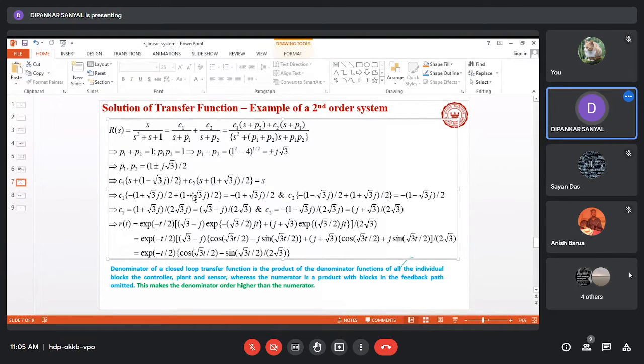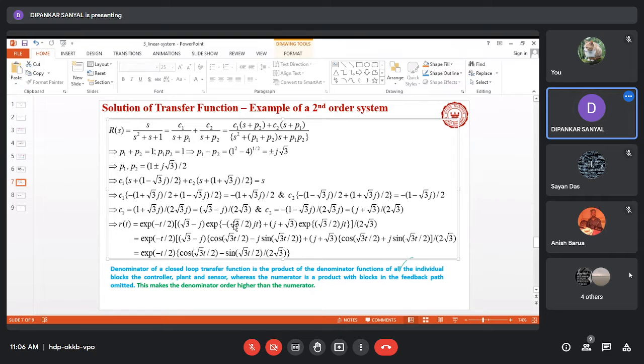And if we look, the real parts of both P1 and P2 are the same, so corresponding to that real part, we'll be having exponential minus t by 2 pulled out, and corresponding to the complex conjugate, we'll be having another. These are the complex conjugate parts. One part is minus and the other part is plus.